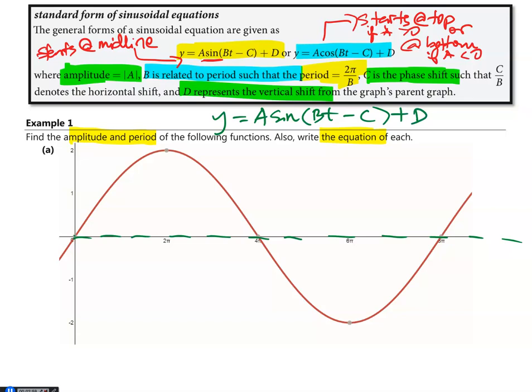Now, let's identify what a, b, c, and d are. First, the amplitude. And we note that this is the amplitude, and the length of this is 2.